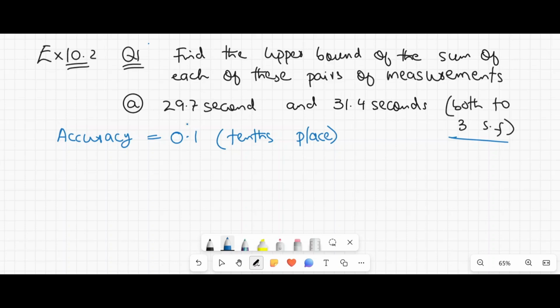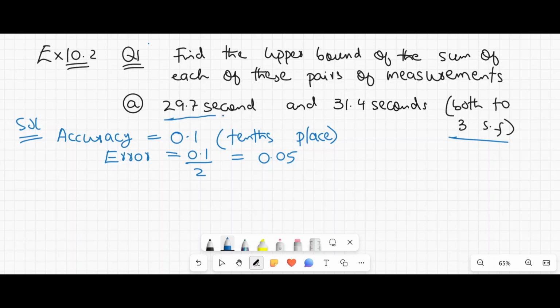Now the error for this will become 0.1 divided by 2, and you will get 0.05. So now let's do the solution. The question says upper bound of a sum.